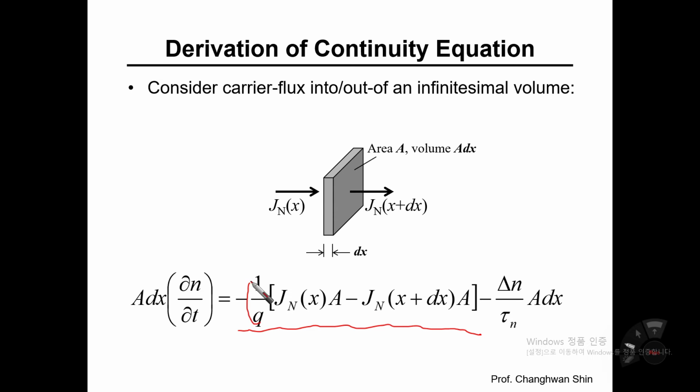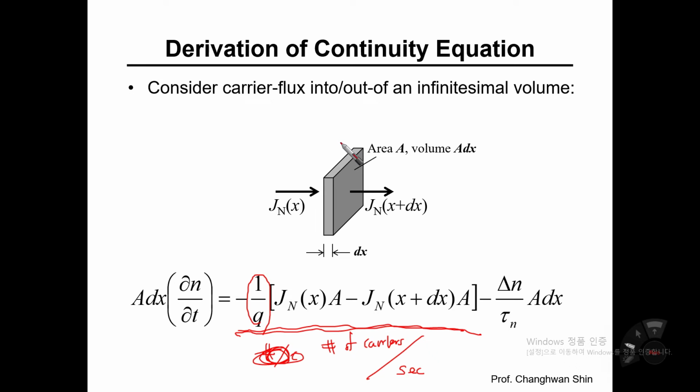However, because we have used the 1 over q, the very first right-hand term indicates the number of carriers per second. So every single second, how many carriers are varied, modified, while those carriers are traveling across the infinitesimal volume.